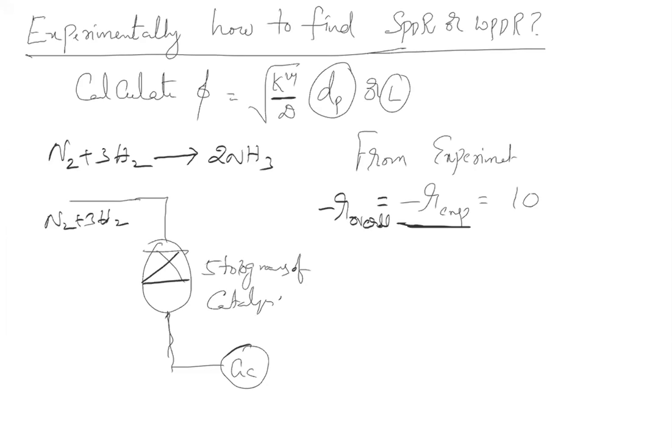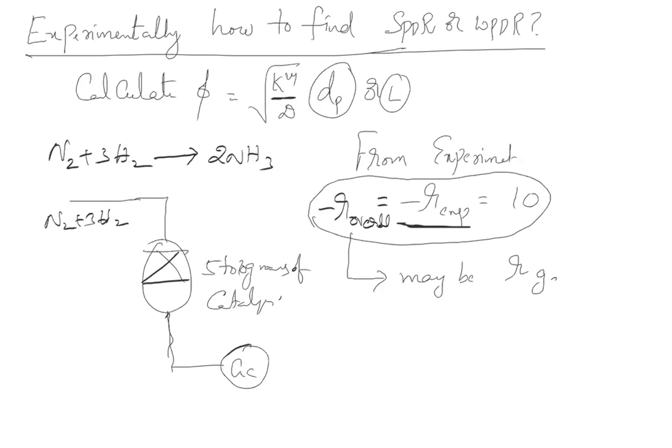Whatever you found, this rate of experiments is nothing but the rate of overall. This rate of overall may be the rate of gas film, may be the rate of diffusion, may be the rate of reaction, because these three are occurring in series.